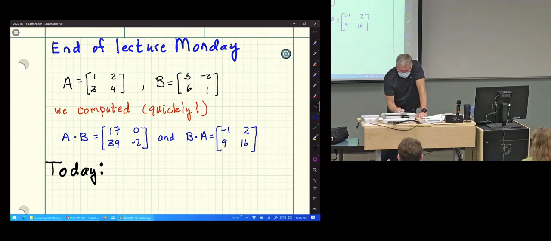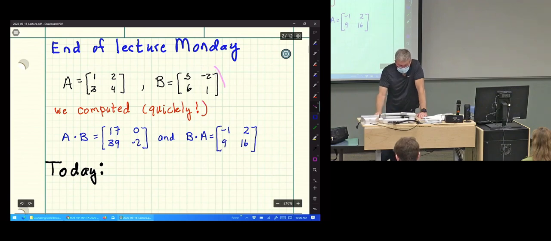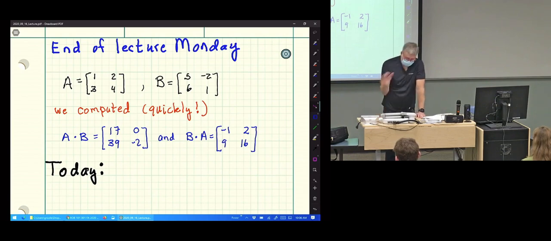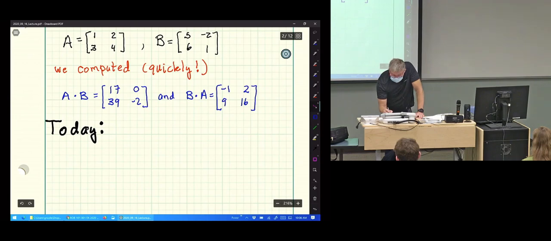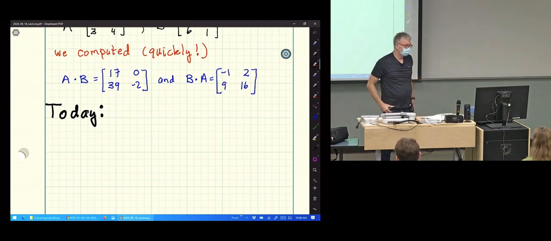And if you wanted the 1, 2 entry, you take the first row, second column. So then you have 1 times -2 plus 2 times 1, and that's 0. Okay, so you do the same thing, and you can put B on the other side of A, and when you do all those multiplications, the point is you cannot swap the order of matrices in general.